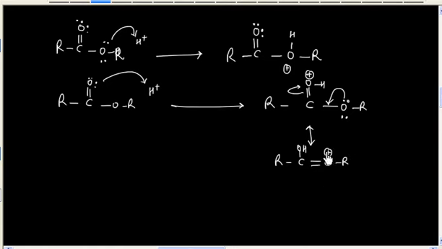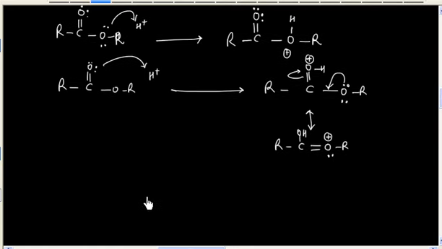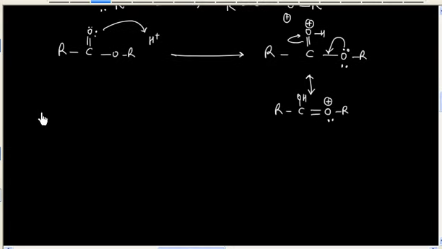And that's why carbonylic oxygen gets protonated. Now this oxygen is called alkoxy oxygen. So protonation occurs at carbonylic oxygen.